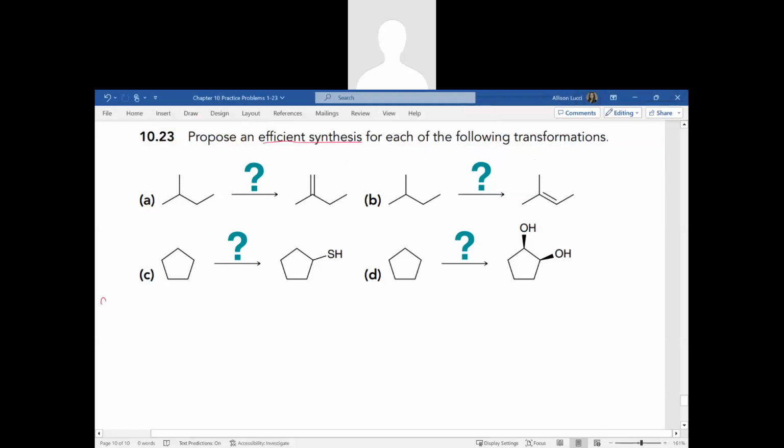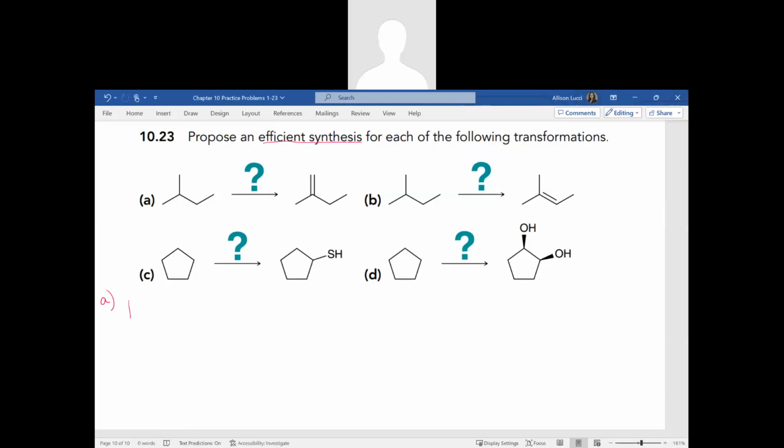So for A here, let's see if we can do this retrosynthetically. We're going to look at our target molecule, which has that double bond, and figure out a way that we could create that. An elimination reaction is one way to go from an alkyl halide to an alkene. So let's keep that in mind.